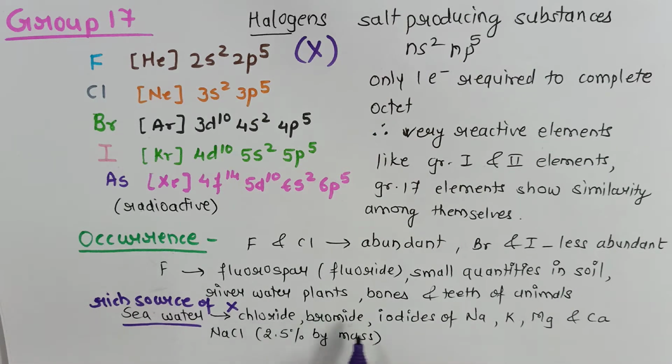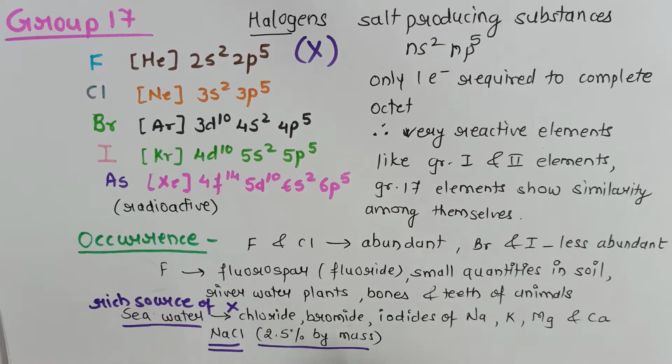Seawater contains chloride, bromide, iodide of sodium, potassium, magnesium, calcium, etc. But NaCl is the main constituent of seawater, about 2.5% by mass, and sodium chloride is obtained by evaporation of seawater. Some forms of marine life contain iodine in their system. So this is how halogens occur in nature.